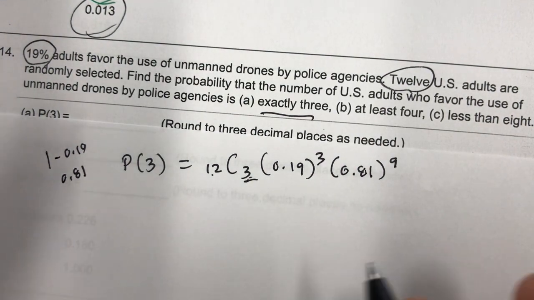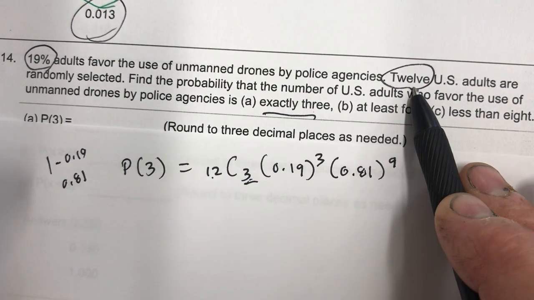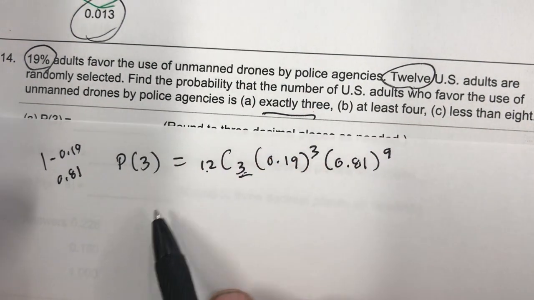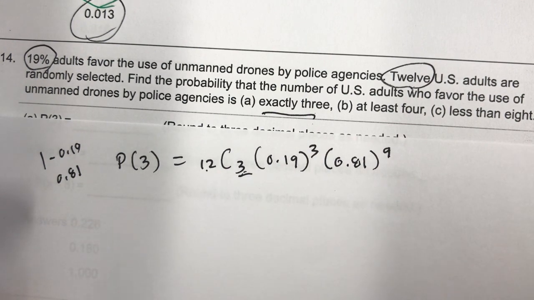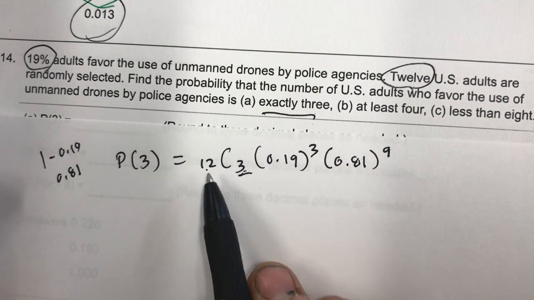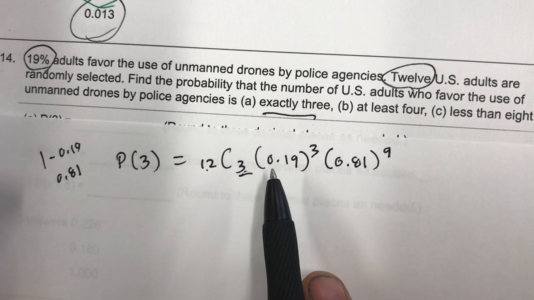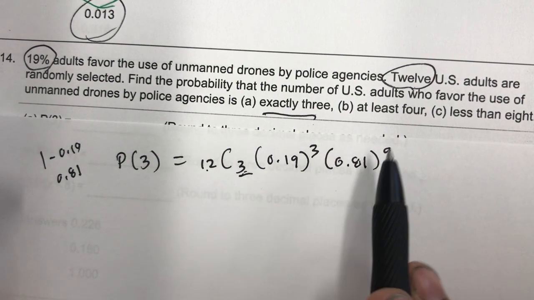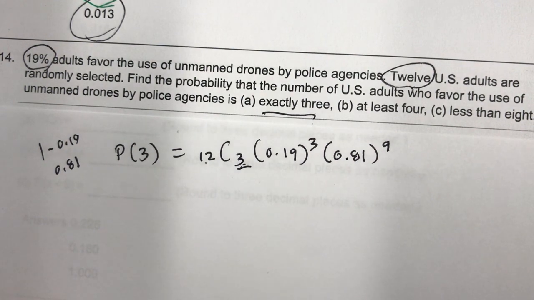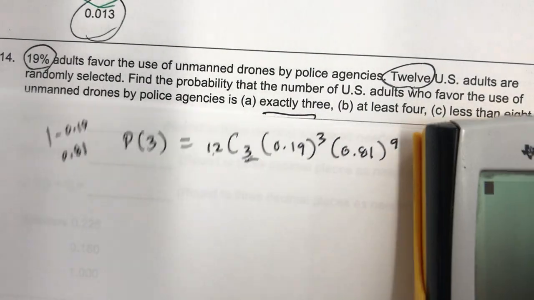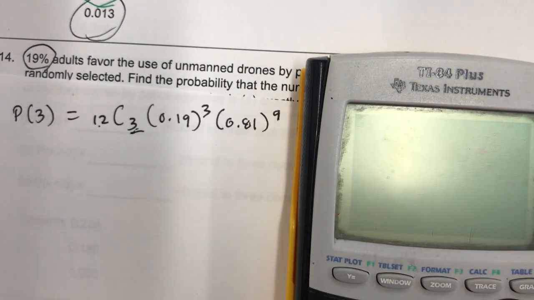So again, where the numbers go, there's 12 adults that are selected, or what's the probability that 3 of them favor this use of unmanned drones? So 12C3, this is going to be 0.19 to the 3, and then 0.81 to the 9. 12 minus 3 is 9. All right, so let's type her in here.